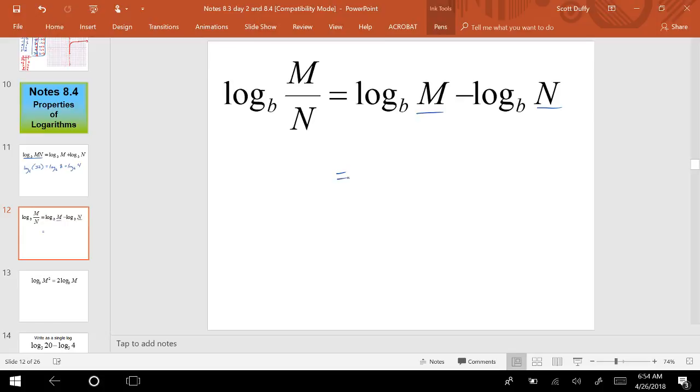So let's go with the same numbers. Log base 6 of 8 minus log base 6 of 4 turns into log base 6 of 8 over 4, which is 2.